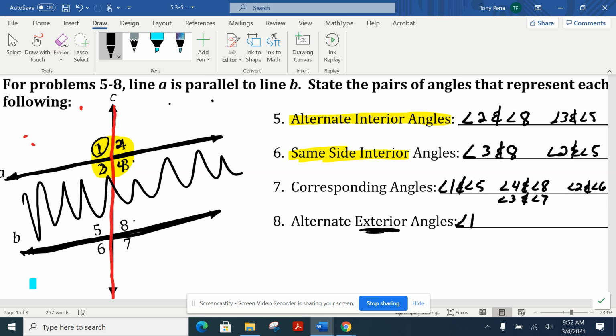All right, so alternate exterior, angle 1 is an exterior. 6 and 7 are exterior. 7 is the one that's on the opposite side. So we should have had angle 1 and 7. Now they disappeared again. Don't ask me where these are going. And then angle 2 would be whatever was corresponding to 3, 7.